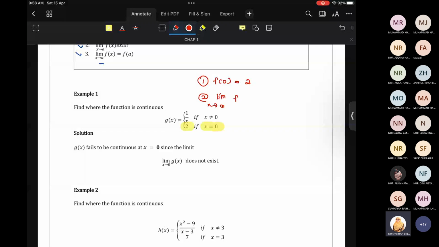So our function f(x), function yang kita guna ialah 1 over x. So what is the limit for 1 over x when x approaches 0? Saya tanya you.